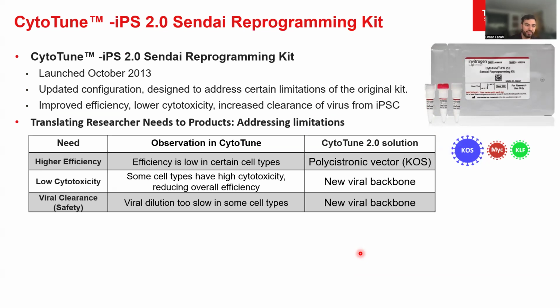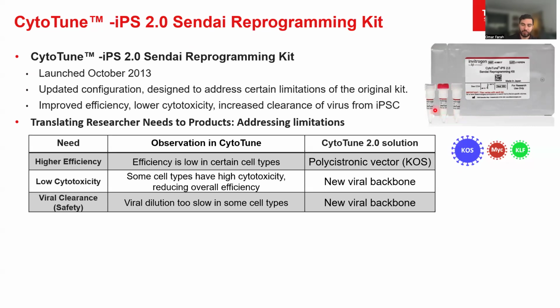But if we talk specifically about the kit, you'll see that at Thermo Fisher we have the CytoTune 2.0 reprogramming kit, and it comes in three tubes like this that are shipped frozen and should be kept frozen at -80 until you're ready to use them, right?